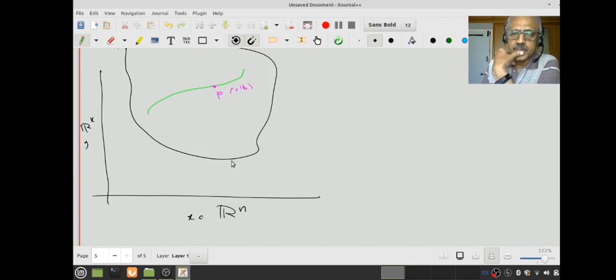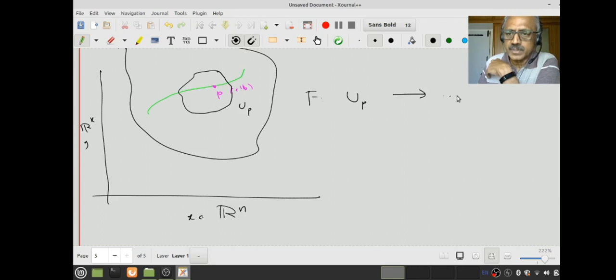So I have a map capital F from Rn plus k to Rn plus k, and it's non-singular at the point a, b. Therefore, there exists an open set, call it U of P, so that F maps U of P onto an open set, for example call it V, in Rn plus k.